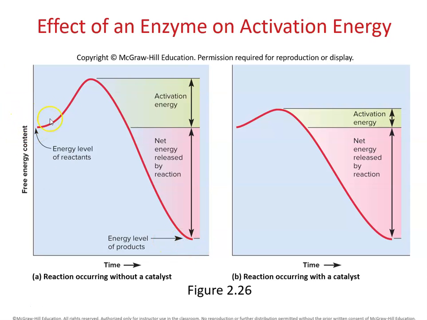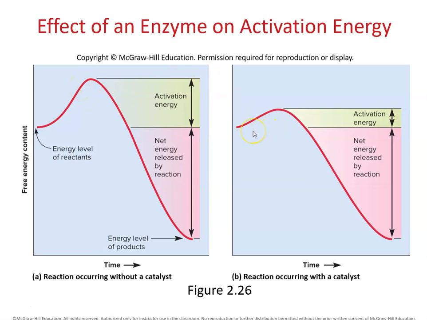But we have this thing in the middle. It's called the activation energy. This is the energy that it takes to get everything set up for the reaction to start. This is a pretty high amount of energy, and the cell needs to get it from somewhere. And sometimes cells can, and other times without the enzyme, the cell cannot do the reaction.